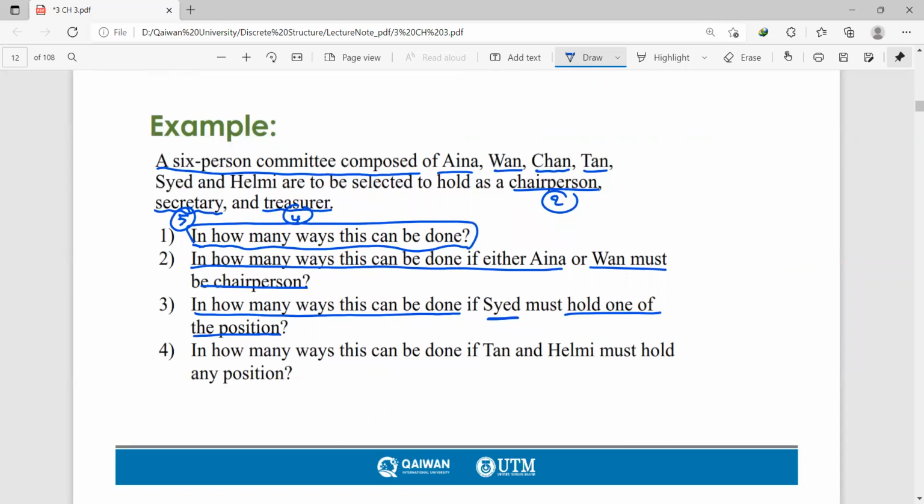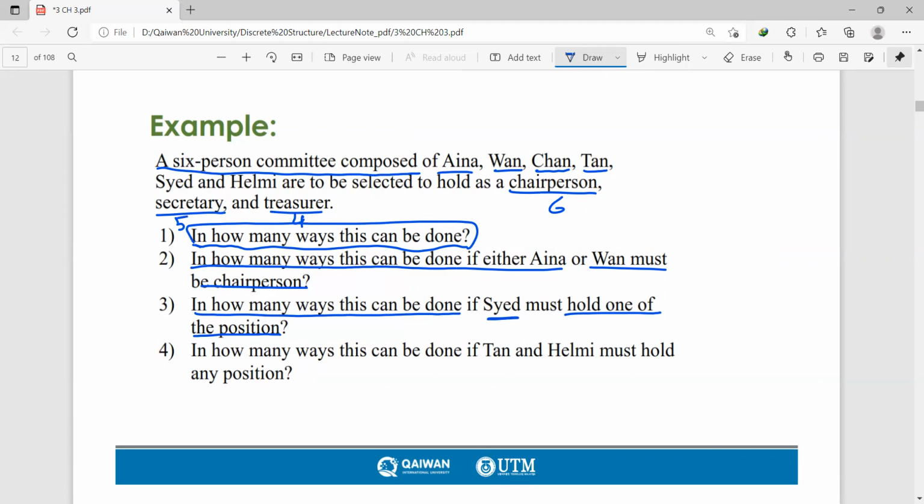For the chairperson, we choose one from 6, so we have 6 ways. And then for secretary, we have 5, because one of them became the chairperson. That means now we have 5 people. It's reduced by 1. So here we have 5. And then 4.